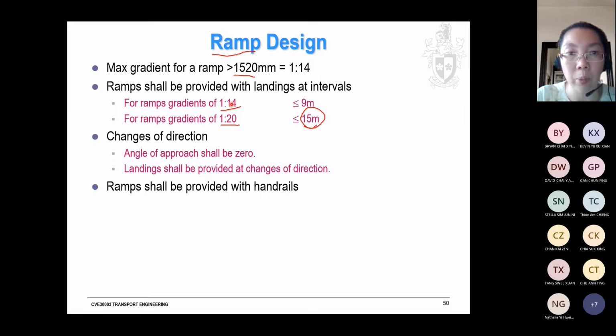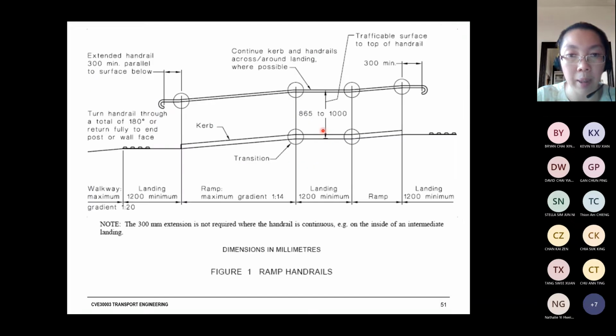We see that it's between 1 to 14 to 1 to 20, with the distance varying between 9 to 15 meter. Any longer than that, you need to provide a landing to cut it off. And this gradient should be the same as this gradient. So if you use 1 in 18, this side must also be 1 in 18.